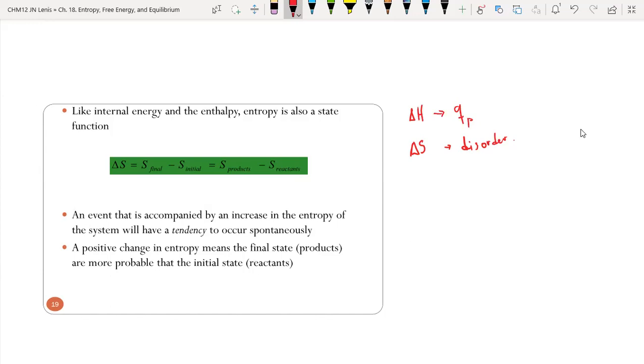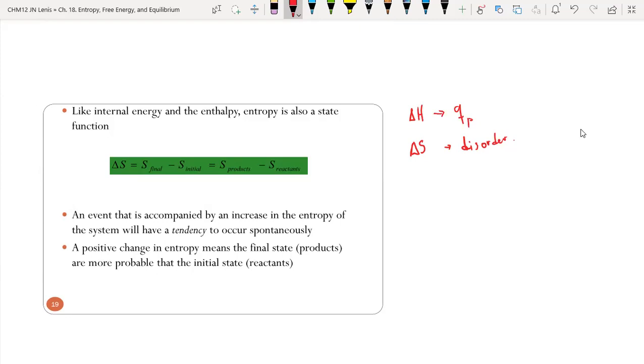Also, one characteristic of enthalpy is that there are no absolute values of enthalpy for any compound or any substance. The only way to know the energy of the system is by measuring final and initial state. So we have to use the change as a reference. Whereas for entropy, we do know some absolute values of entropy for a substance.